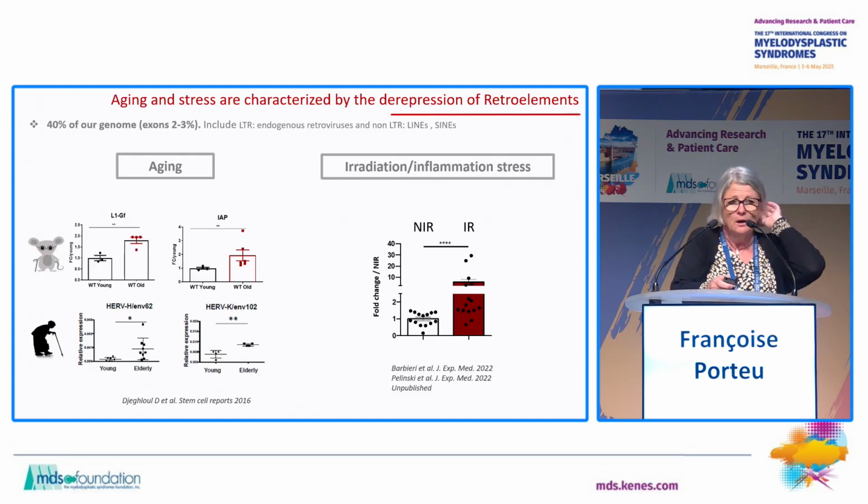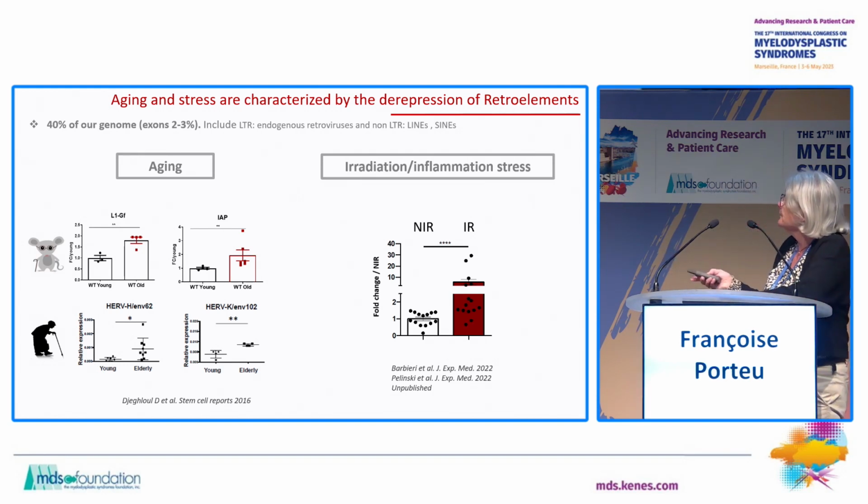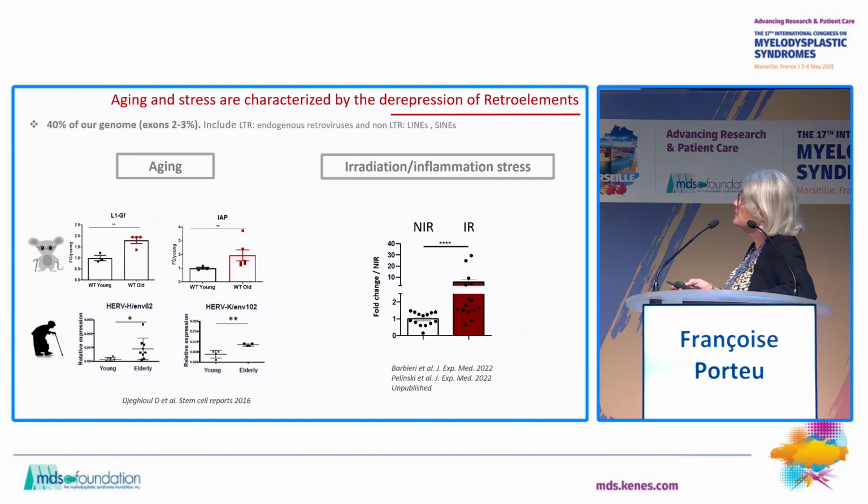So we previously found that aging as well as many stress-induced premature aging, such as irradiation or chronic inflammatory stress, directly induce the expression of retroelements in HSCs, either in the mouse or in human, in all cases. So I will come back to that.